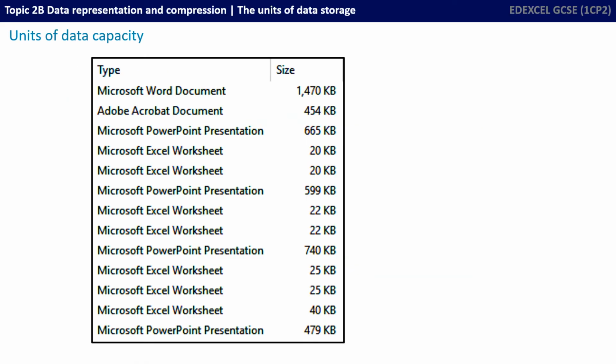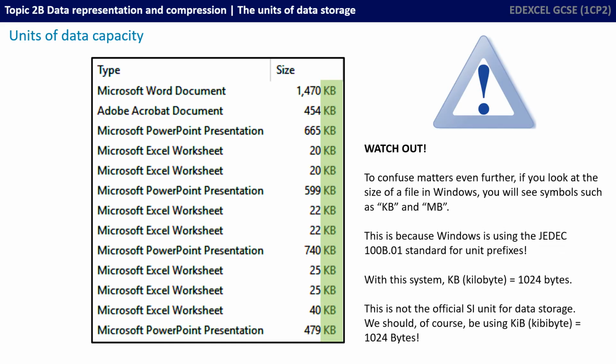Okay, so let's look at some real examples. Here we can see a list of files in a typical file storage system. We've hidden the file name so we can focus on what's important. Now, just a quick note here, to confuse the matter even further, if you look at the size of the file in Windows, you will see symbols such as KB and MB.